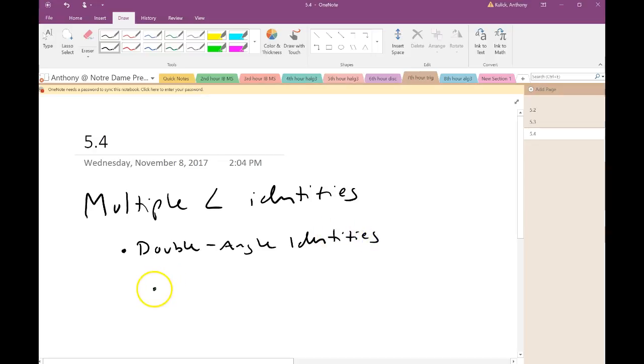The first are double angle identities. Sine 2x is equal to 2 sine x times cosine x.